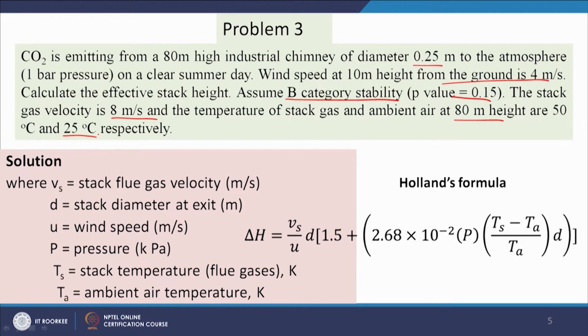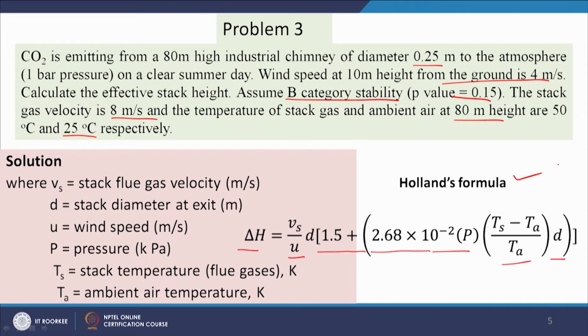Okay. So, how we can do that? So, we know that del H, the plume rise, is equal to V s by U into D into 1.5 plus 2.68 into 10 to the minus 2 into P into T s minus T a by T a into D. So, that is called Holland's formula, we have discussed in our previous classes.